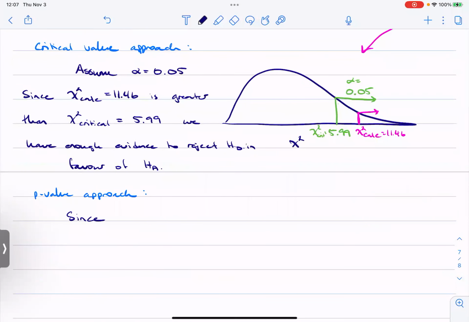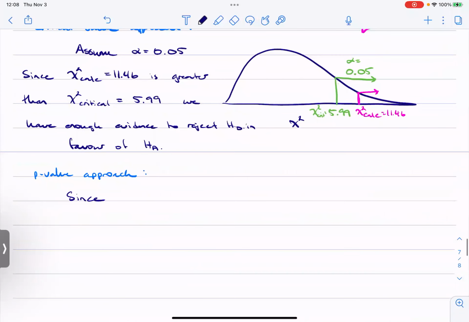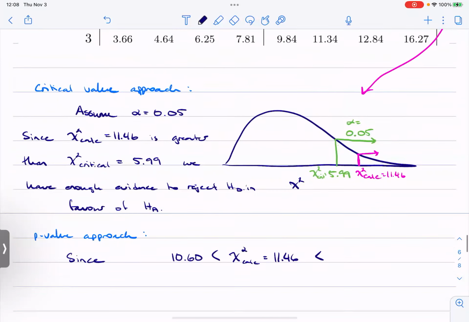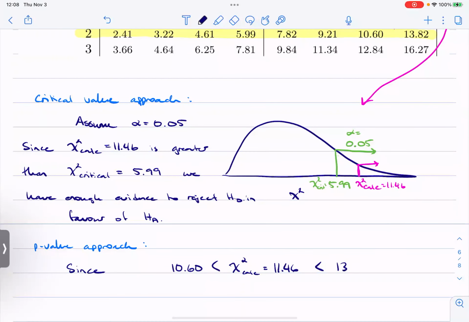How I set up my p-value blurb is I write since first, and then I just do a bunch of notation here. Since the chi-squared calculated, which I'm putting in the center for a reason, is 11.46, is between two values. Those two values from the table are 10.60 and 13.82.